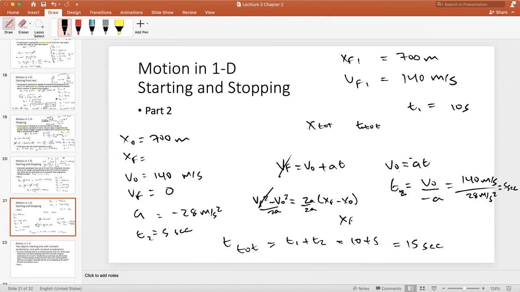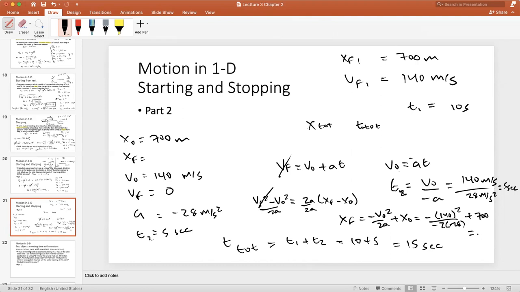So x final is negative v naught squared over 2a plus x initial, which is minus 140 squared over minus 2 times negative, I'm sorry, I already picked up that negative sign. That's negative 28 is a, plus 700.